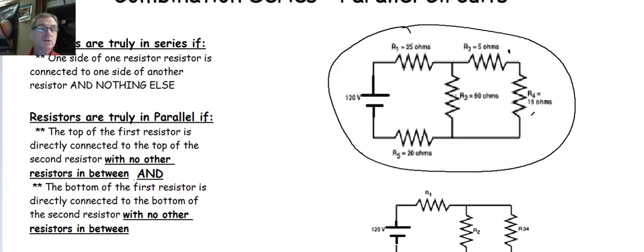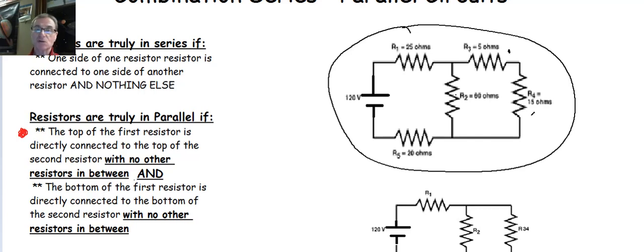So let's first look at how do we know if two resistors are truly in parallel? If we look at the left-hand side over here, I've got some rules stated. Two resistors are truly in parallel if the top of the first resistor is directly connected to the top of a second resistor, and the bottom of the first resistor is directly connected to the bottom of the second resistor, and there is nothing else in between.